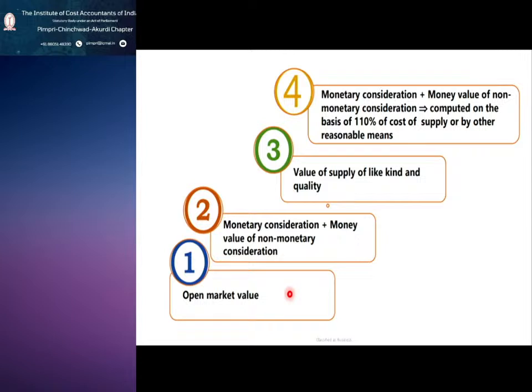What is the value of supply of like kind and quality? Is there any similar material where you are able to find the price? So that is the third step.